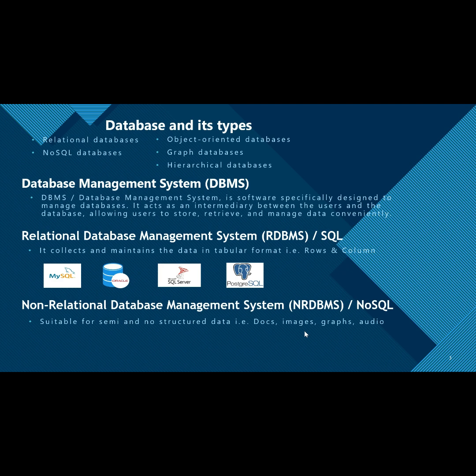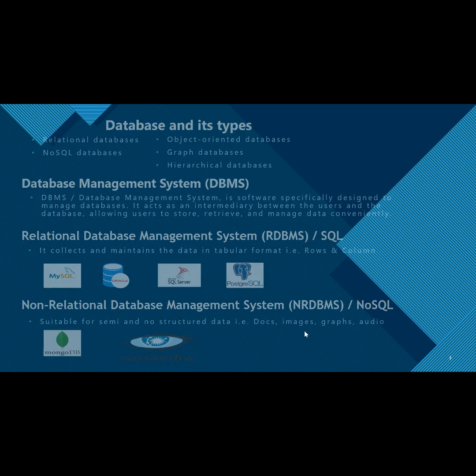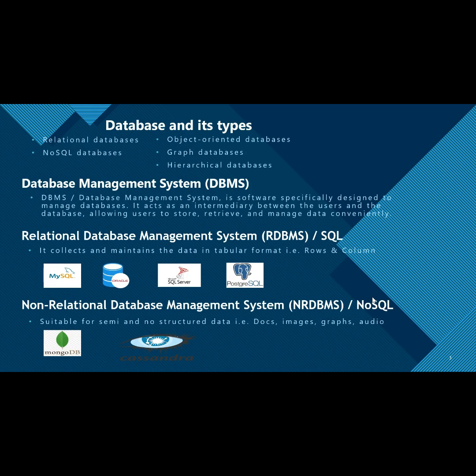All these are subjected to non-relational database management systems. There are also various non-relational database management system products available in the market, such as MongoDB, Cassandra, and so on. At this point, we might have realized one important word, that is SQL, relating to the database. Now let's see what is SQL in detail.